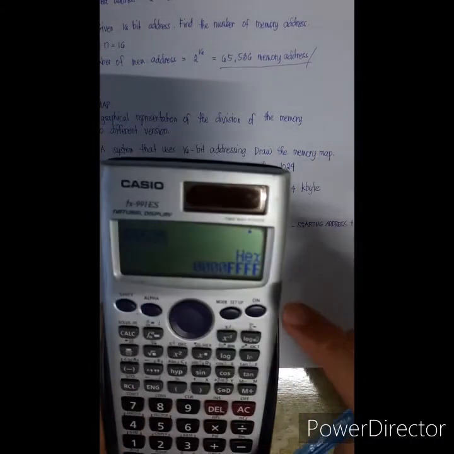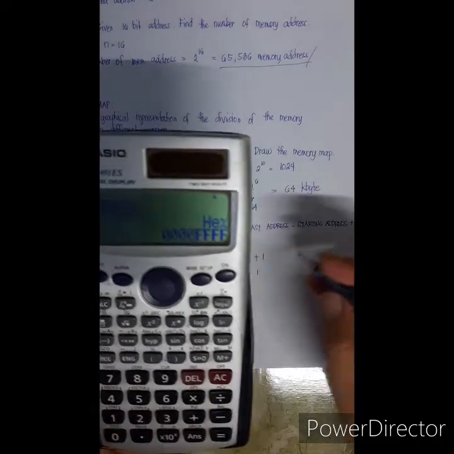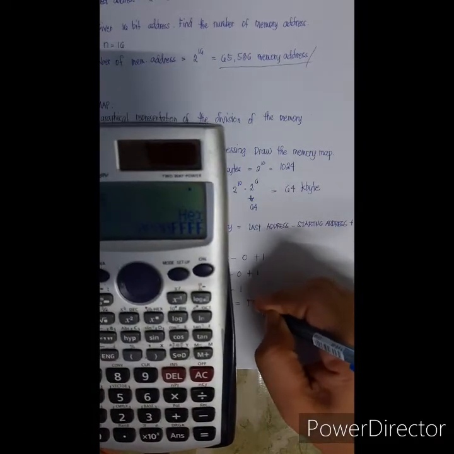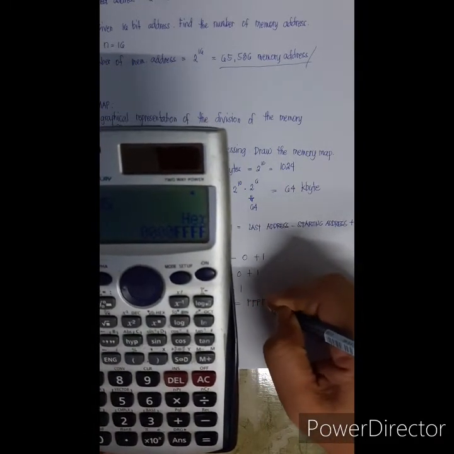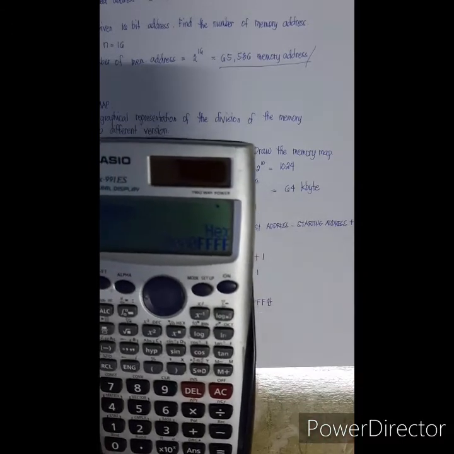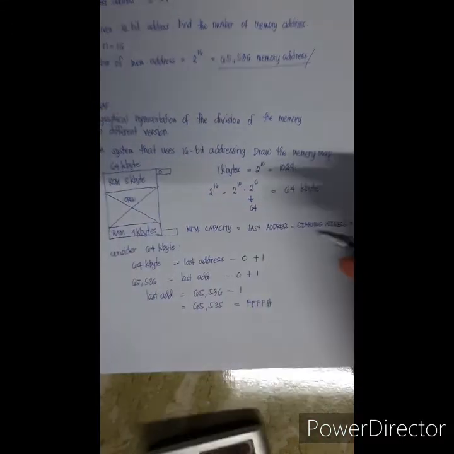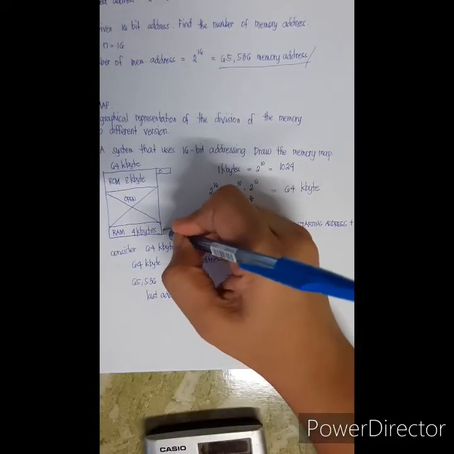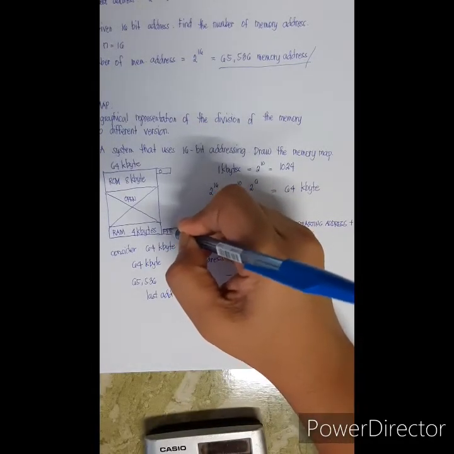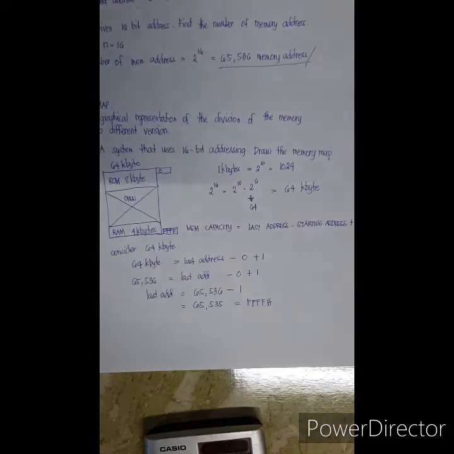So, we have the value FFFF. Four F's is its equivalent in hexadecimal. Therefore, the last address here is F, F, F, F.